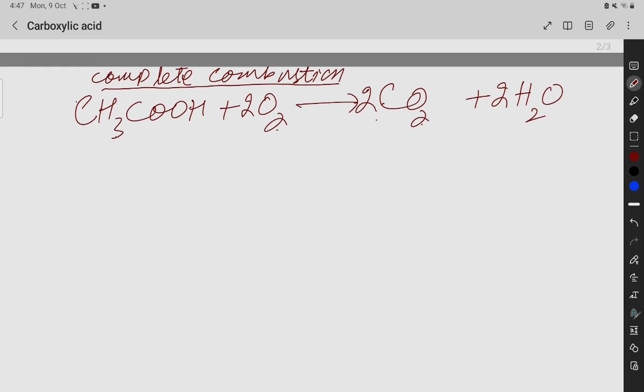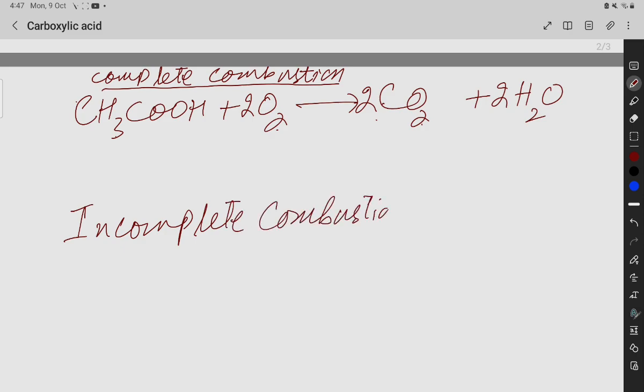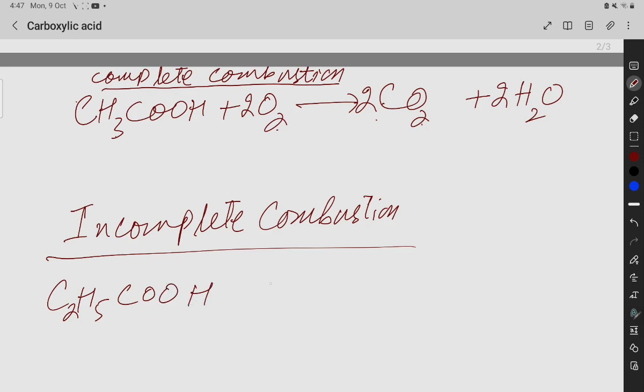ठीक है. Similarly, incomplete combustion is like if we have C2H5COOH, this is propanoic acid plus oxygen to form carbon monoxide and water.